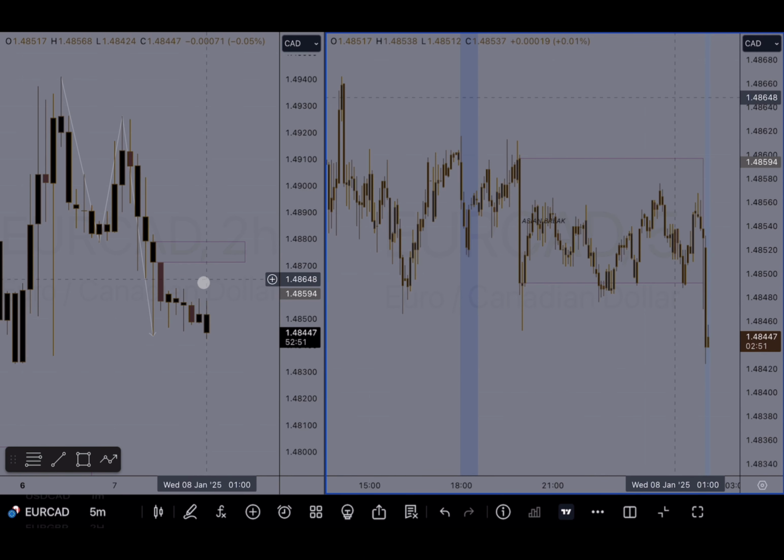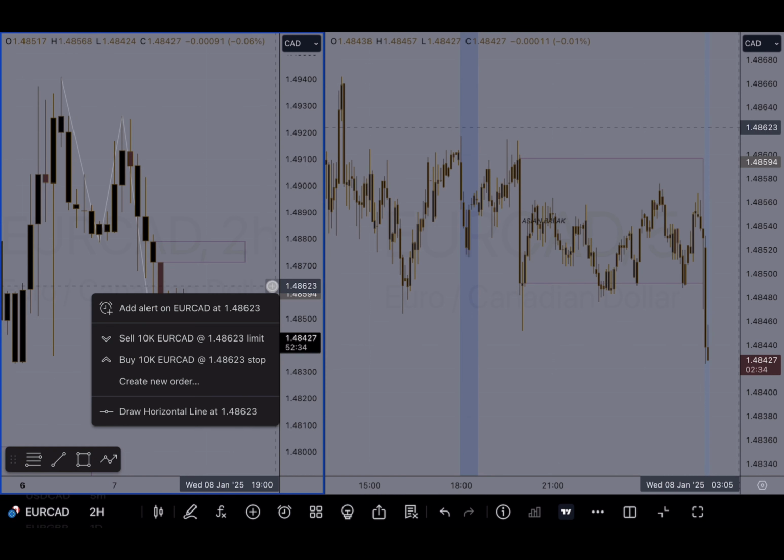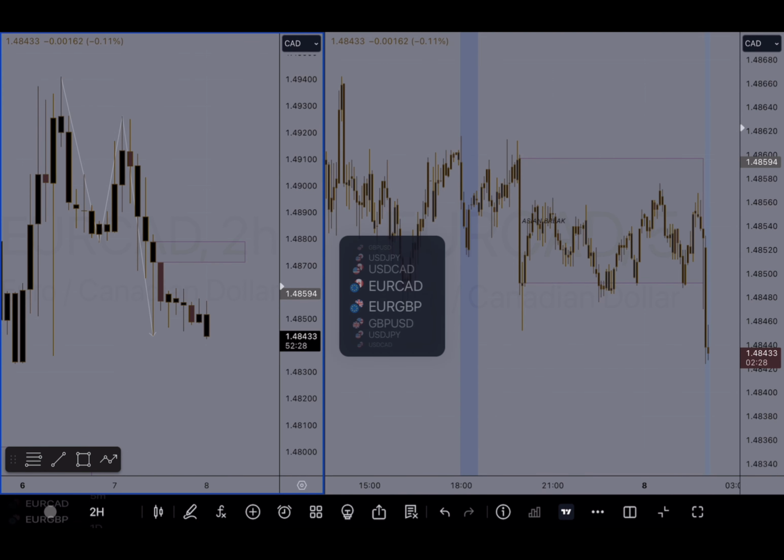It might not come all the way back up there. It might trade above these highs, take some liquidity right here, and then continue to go lower, you guys, and that will be something that we look out for. So we're going to place an alert right here so that we can be notified if the market does retrace to any of these levels up here, you guys, and we're just going to continue right along.